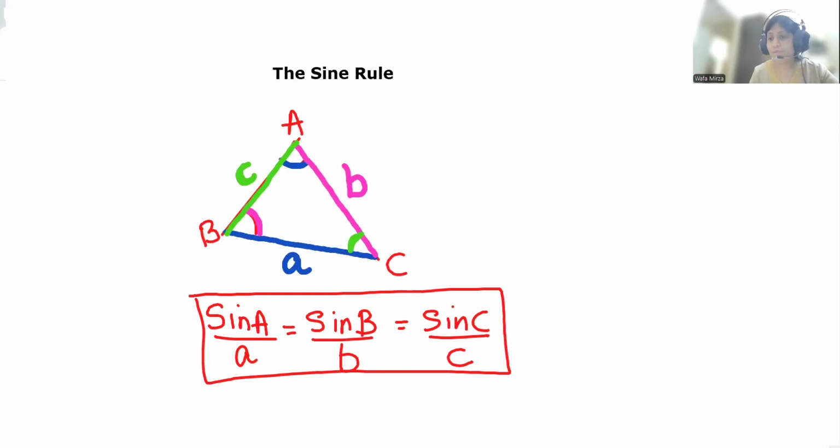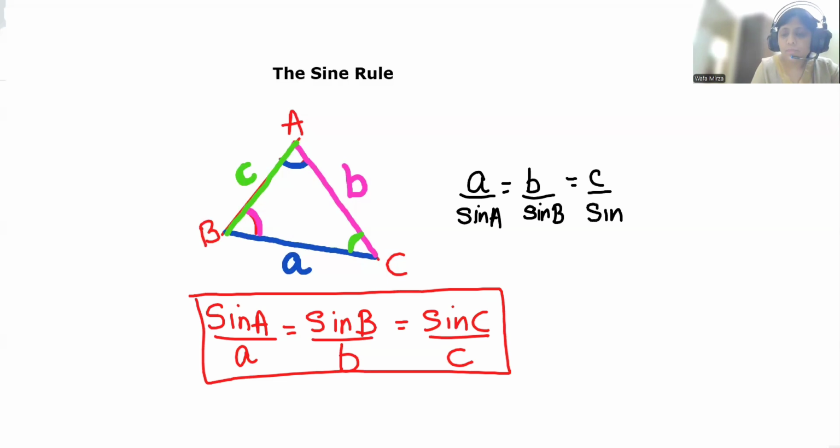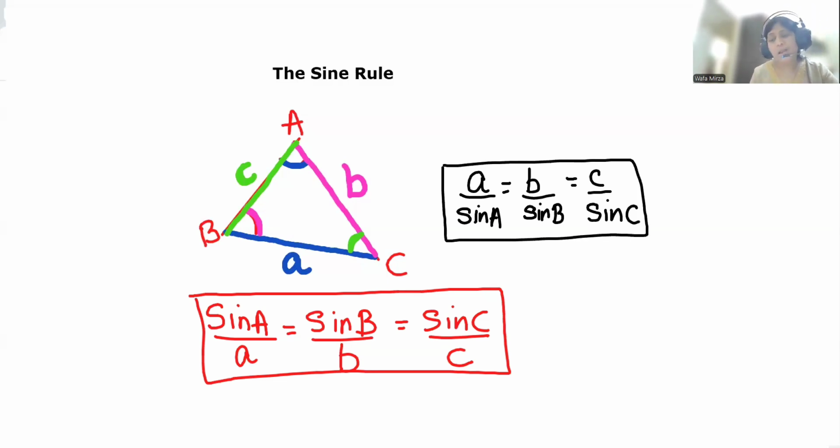You can also flip the fraction and write the same rule. So if I flip the fraction, what I will get is a over sine A is equal to b over sine B is equal to c over sine C. So you can use the rule according to what is given in the question, and whether this one or this one will make your calculation easy.